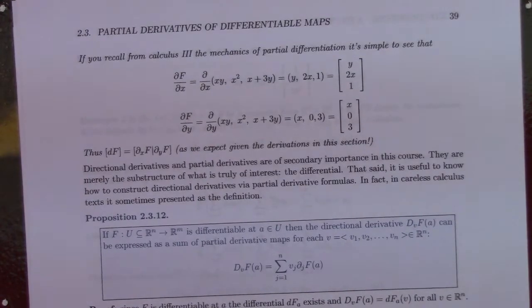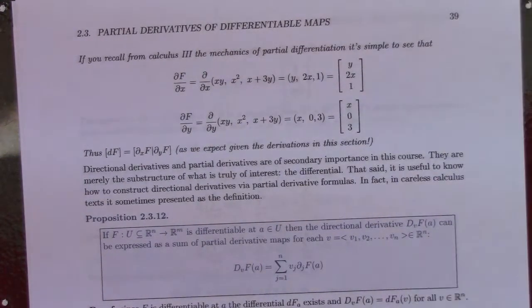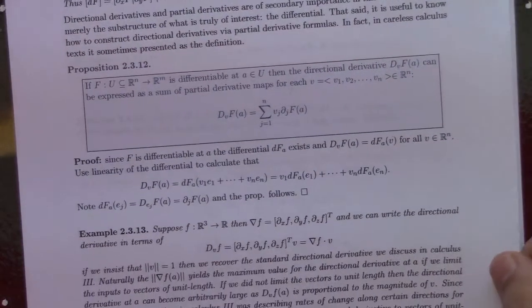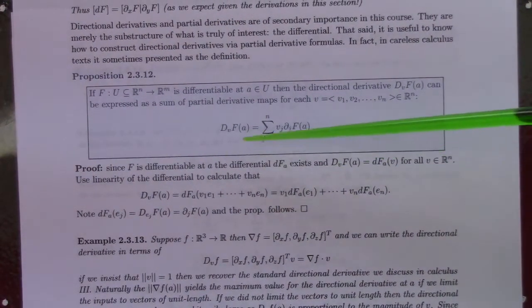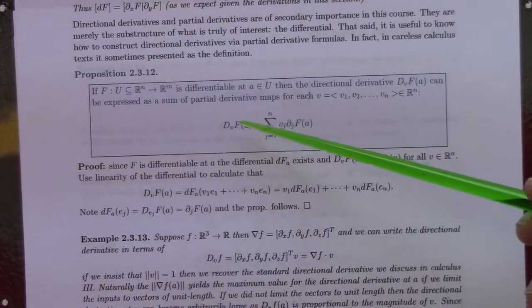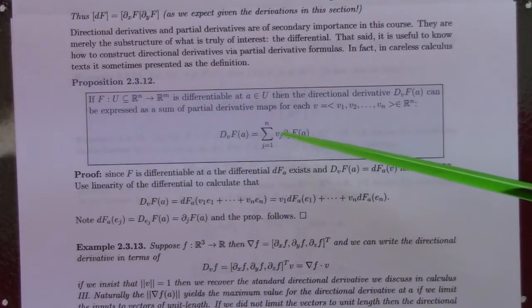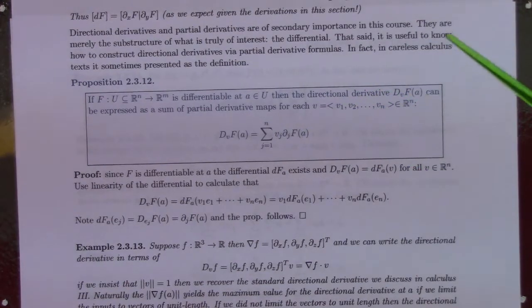Okay, so next up, I have tons of examples coming up, but just one more formula. In retrospect, we can also build the directional derivative from partial derivatives like so, right? The directional derivative of f at a in the v direction is built from partial derivatives like so. In fact, a lot of textbooks will use this as the definition of directional derivative, but I would say that's sad.